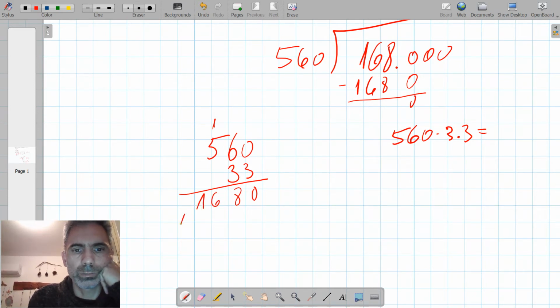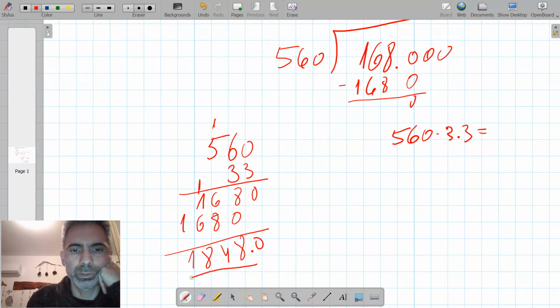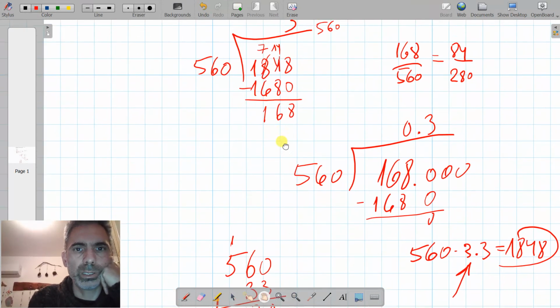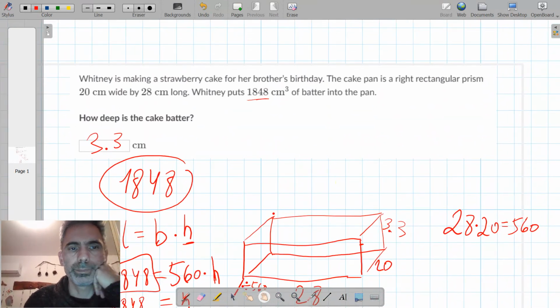This is 0, 8. 6 plus 8 is 14. 2 plus 6 is 8. And 1, and I need to shift the decimal point 1 place to the left. So the answer is 1848, which is correct. So this is the correct height of the batter. Yes.